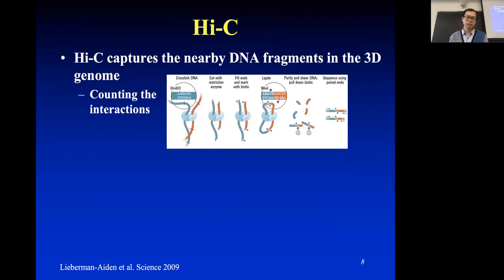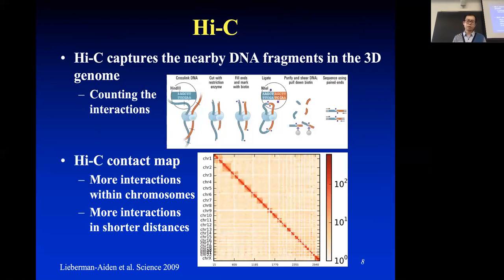So just by chance, we will see many cases where one piece comes from one region in the genome and the other piece comes from another region. Originally these two DNA pieces were far away from each other and then came close to each other. Now we have this hybrid case: in one DNA, half comes from one location, half comes from the other location. Then the problem is just that we can sequence more and more of those hybrid reads, and then we know what the interactions look like.